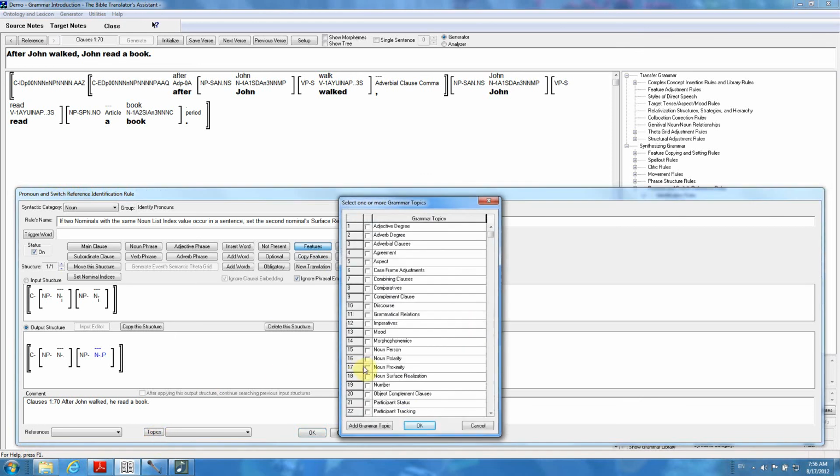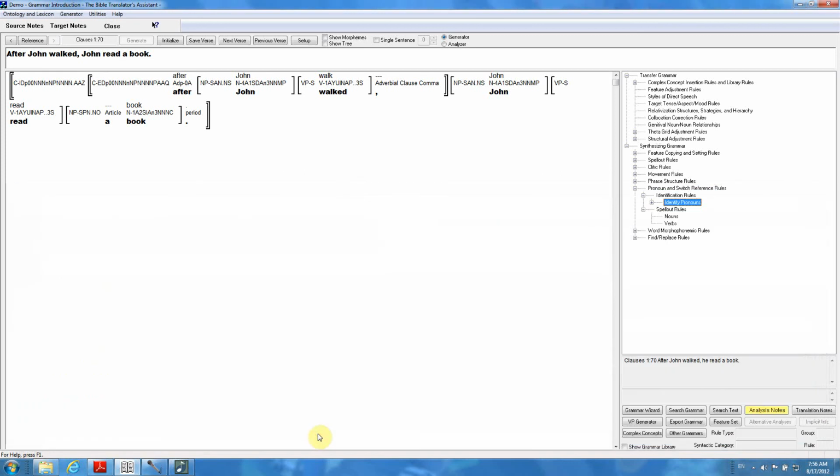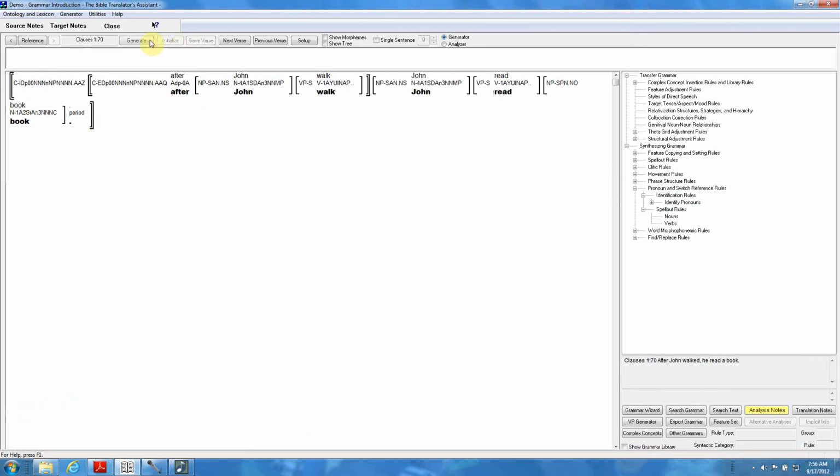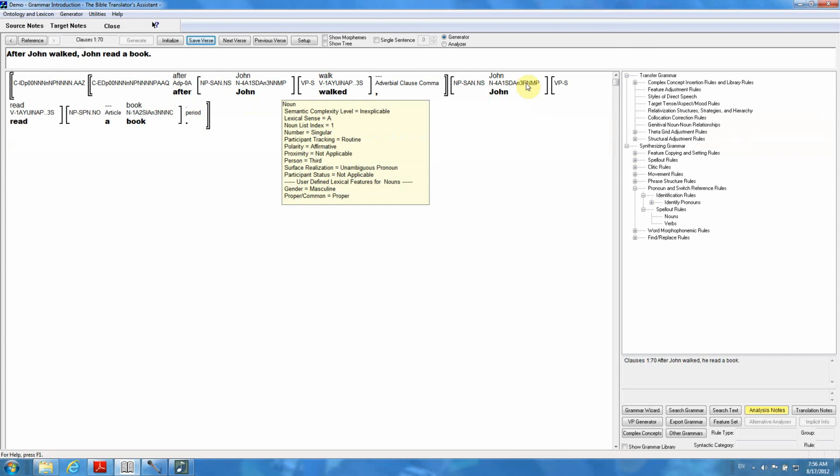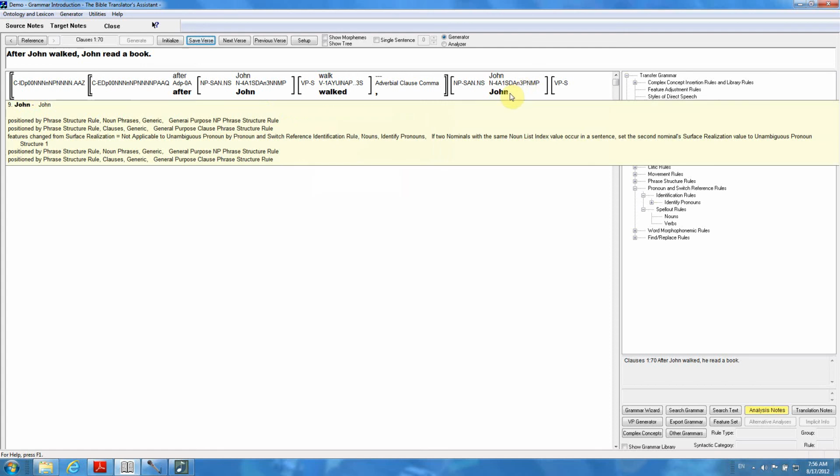Let's provide a grammar topic, for example, pronouns. Let's initialize and we'll generate this verse. Now if we look here, down towards the bottom of the pop-up, surface realization equals unambiguous pronoun. And if we rest our cursor here, we'll see a history of this word. There in the middle of the pop-up, features change from surface realization equals not applicable to unambiguous pronoun by the rule that we just wrote.